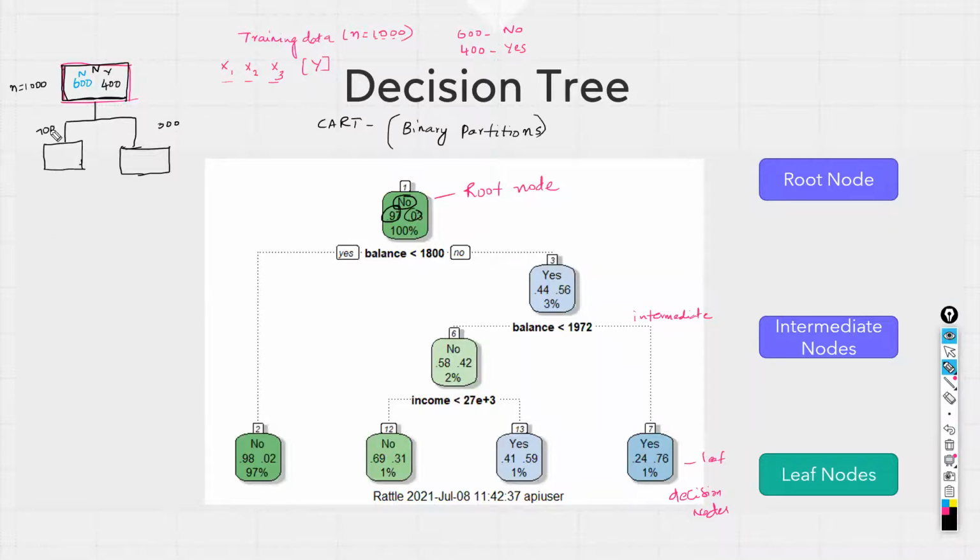Now, out of these 700 observations that came here, let's say 550 observations belong to no class, so we would just represent this as no, and 150 observations belong to S class. And on the other side, out of this 300, 50 observations belong to no class and 250 observations belong to S class.